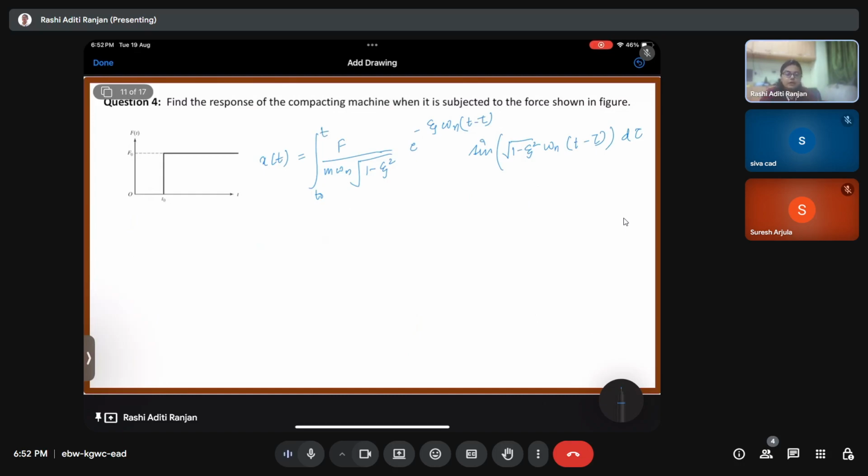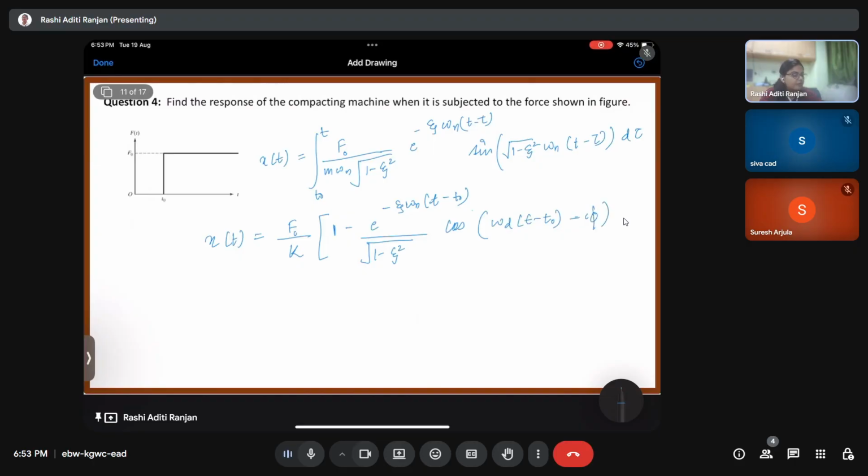So when you do all the calculation, you're going to get the final solution as nothing but f by k into 1 minus e to the power minus eta omega n (t minus t naught), divided by under root of 1 minus eta square, into, okay, should it be cos, of omega d (t minus t naught) minus phi.